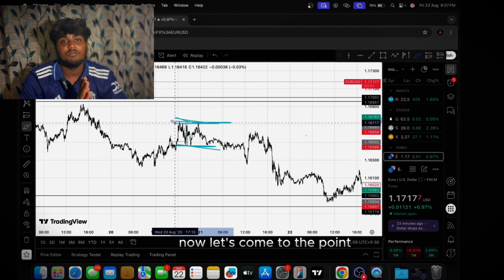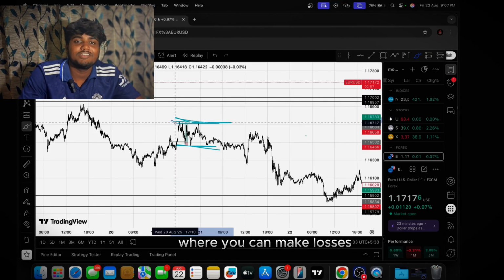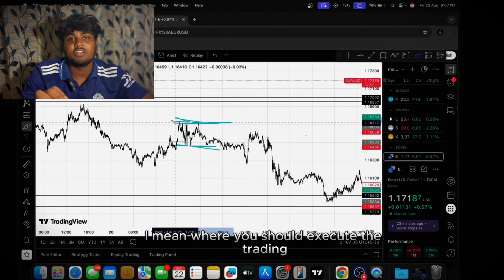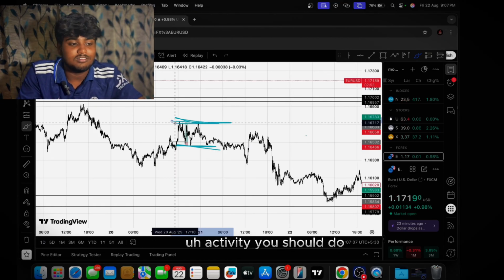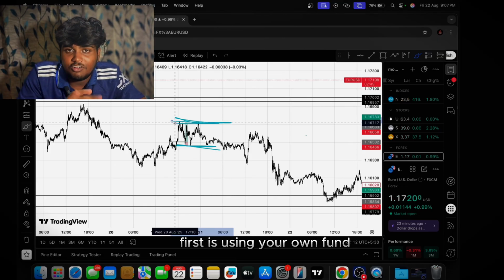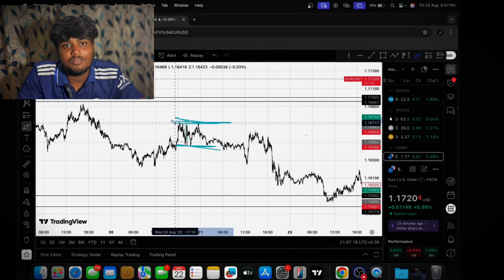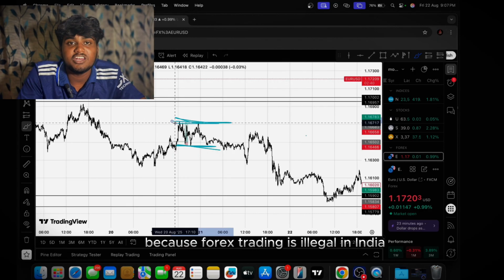Now let's come to the point where you should place your trades, where you can make profits, where you can make losses. I mean, where you should execute your trading activity. There are two ways of Forex trading. First is using your own funds, which if you are doing in India may be considered illegal, because Forex trading is illegal in India.